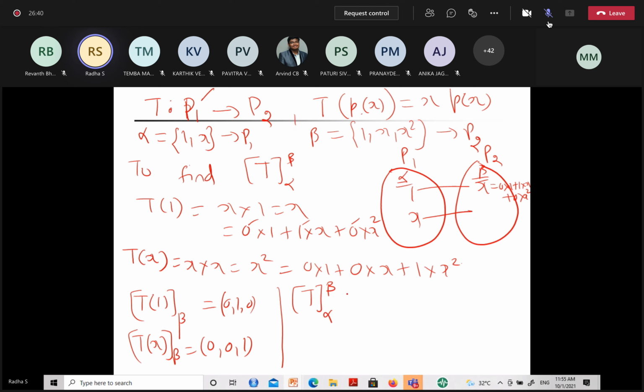So how do you form this matrix? T of 1 with respect to beta, T of x with respect to beta. These are the two columns of the matrix. You have already written 0, 1, 0. This should be the first column and this should be the second column. So you have got a 3 by 2 matrix.